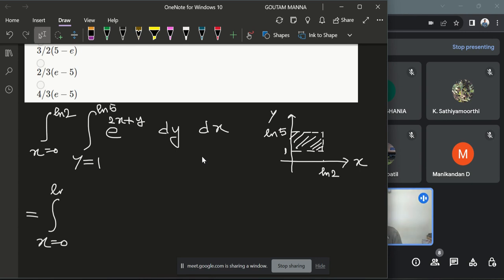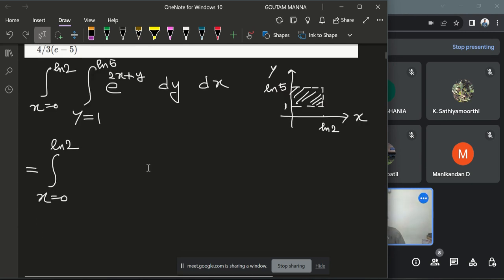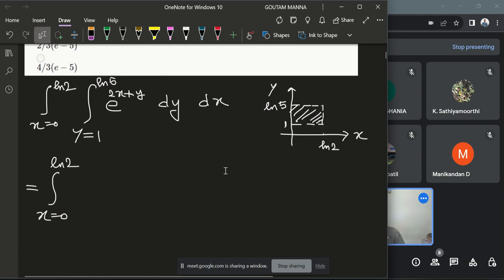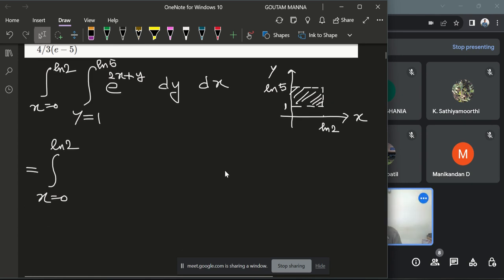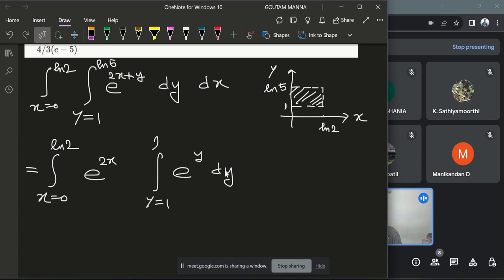I'll integrate y first. I can put e to the power 2x outside the integral, so it will be e to the power y dy, where y is going from 1 to ln 5, times dx.